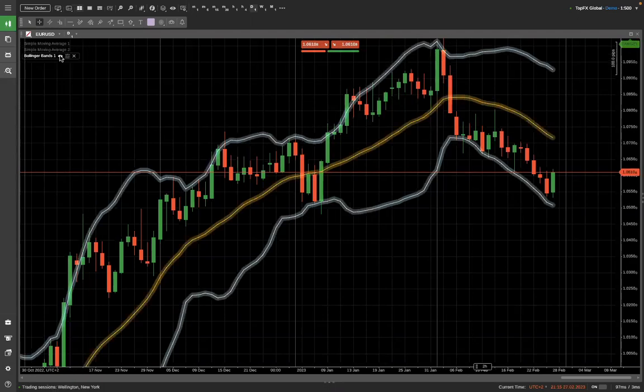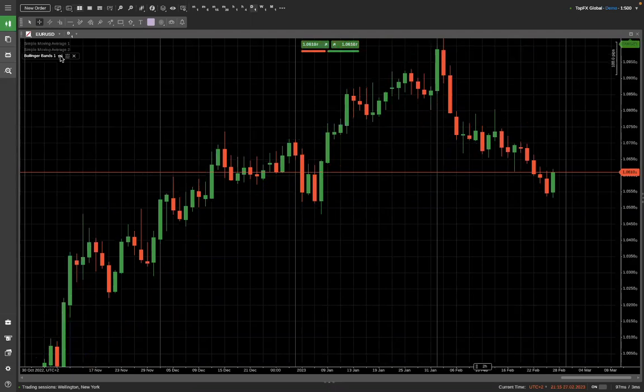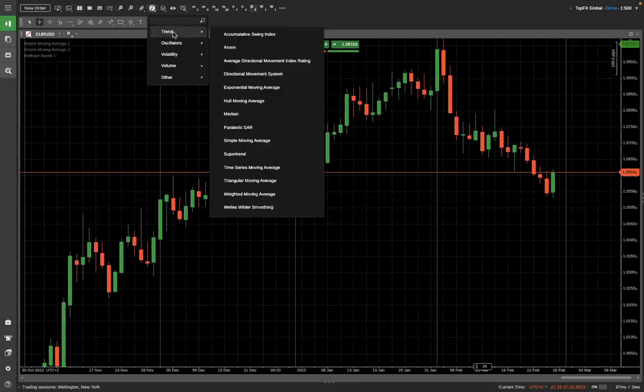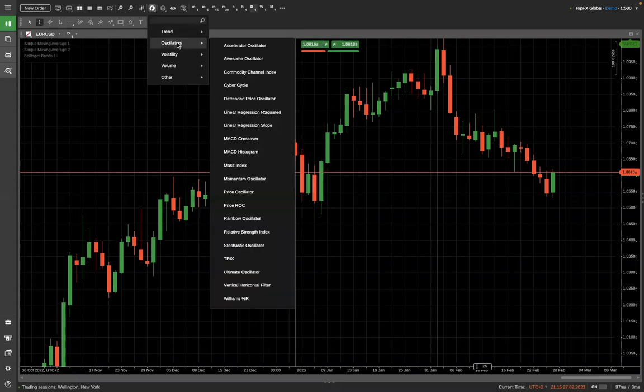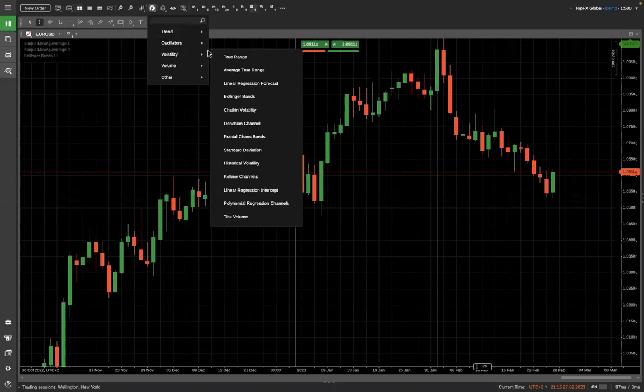Okay, so now let's switch it off and go to another very interesting indicator. Let me just apply it on the chart first. What we are going to talk about is an oscillator. I'm trying to find this one, volatility. There you go.